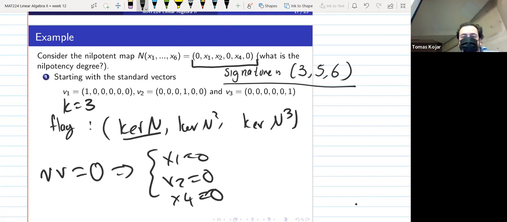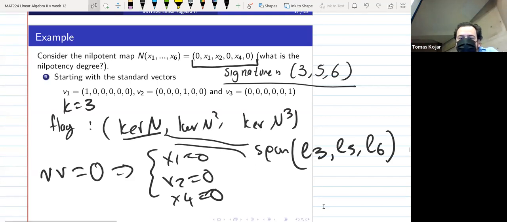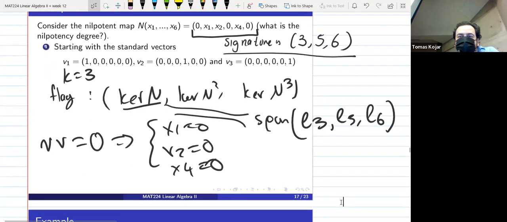So the kernel of N would be the span of e3, e5, and e6. So that's how we get this other stuff on top. I'll explain in a second. So that's the kernel of N, and then we have to do it again.